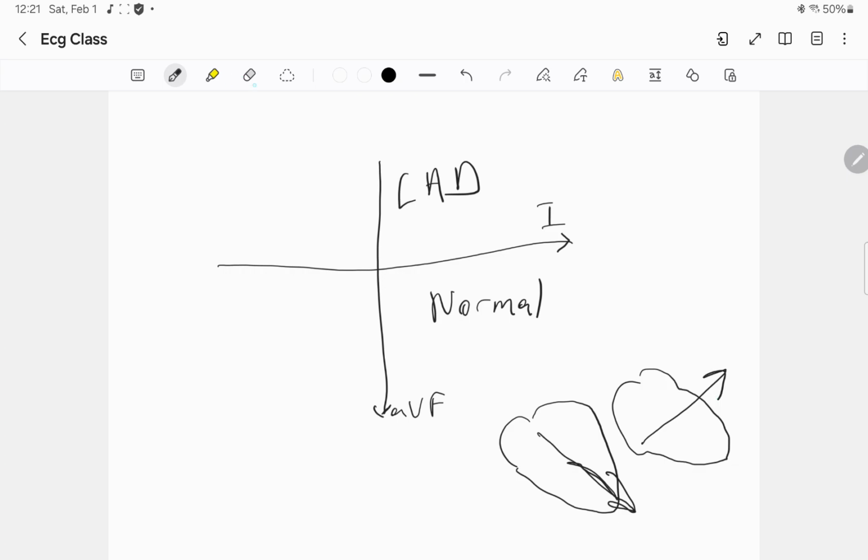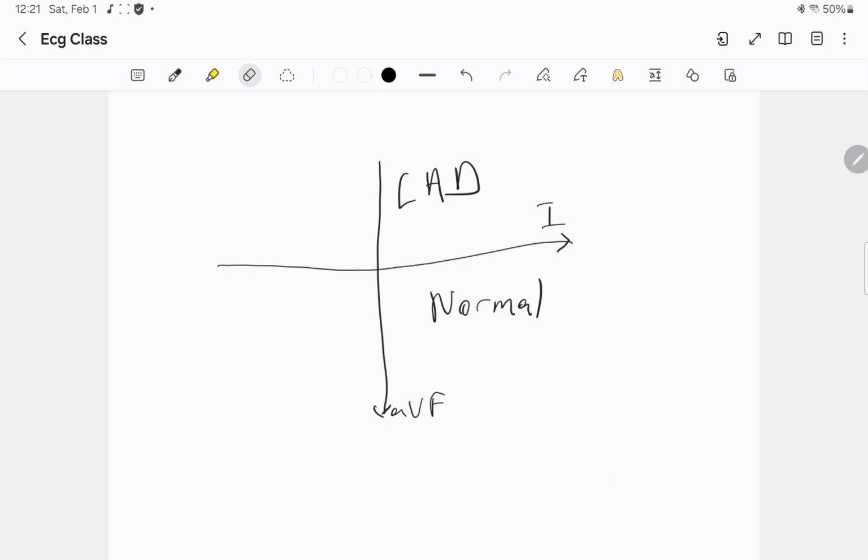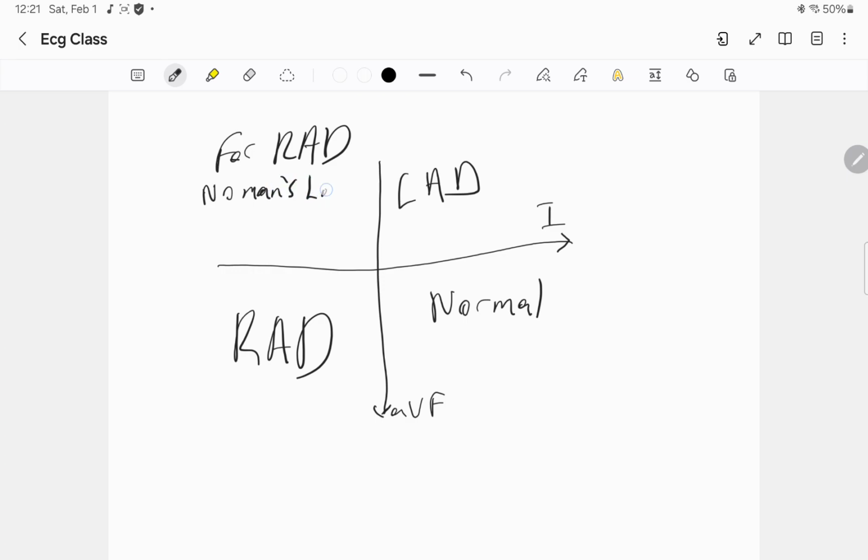So you have normal, left axis deviation, right axis deviation, and far right axis deviation, also called no man's land, also called extreme right axis deviation.